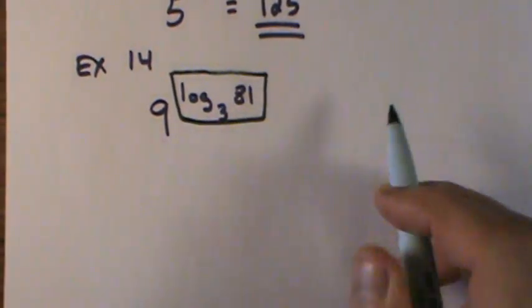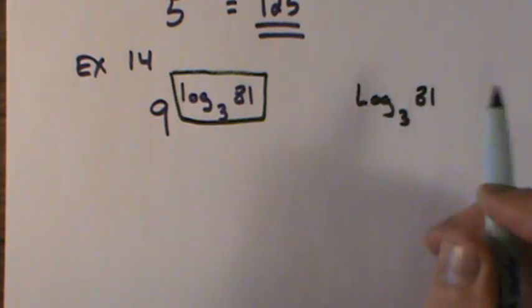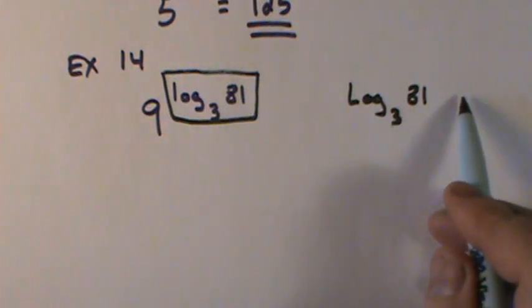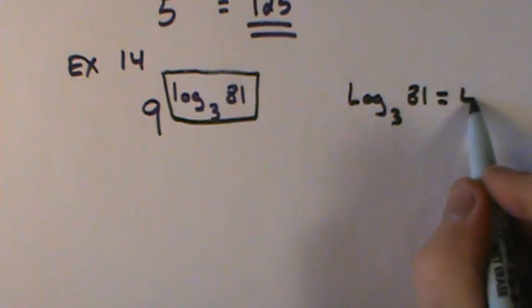Once again, I have to look at just that exponent, log base 3 of 81. 3 raised to what power is 81? As I think about that, that would be a 4.